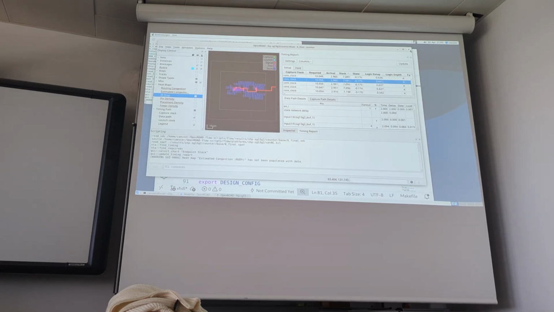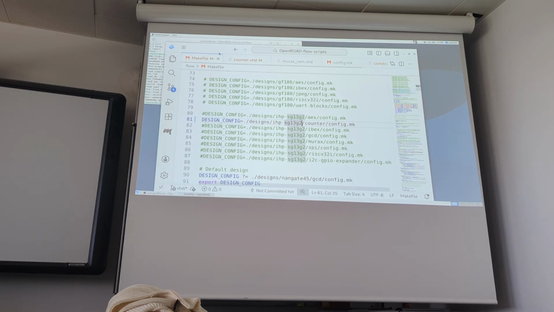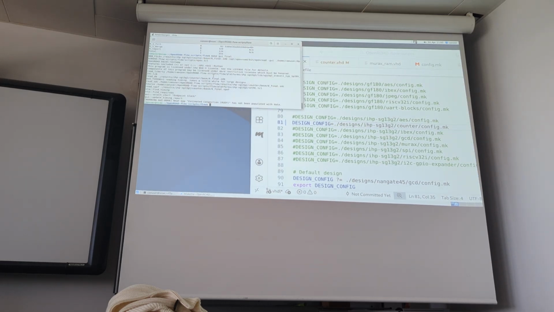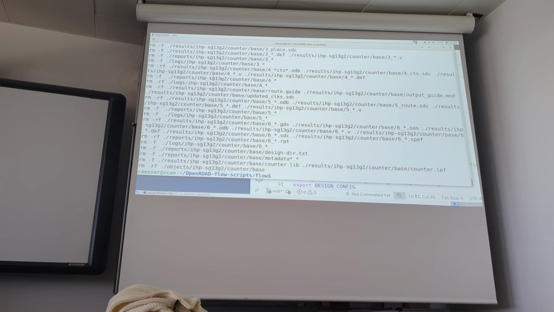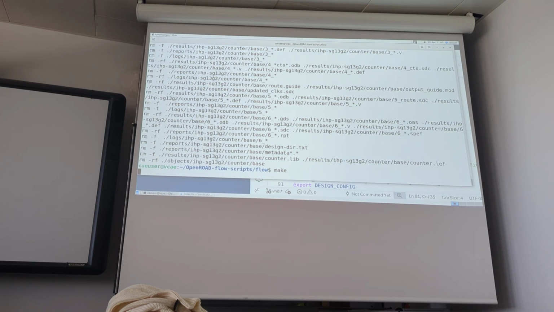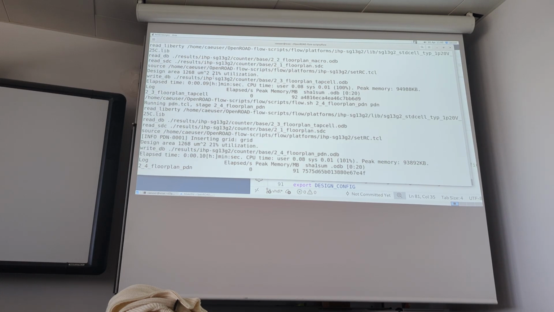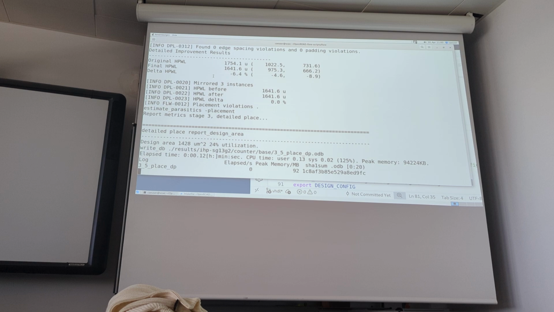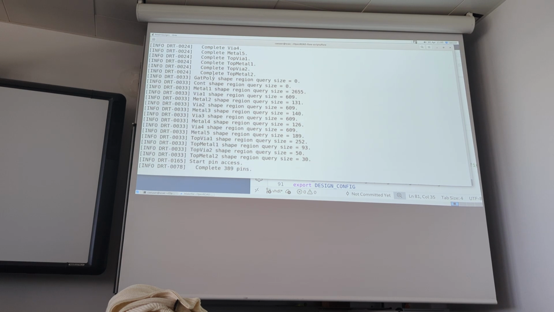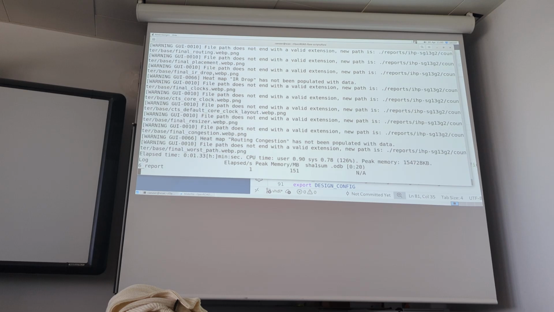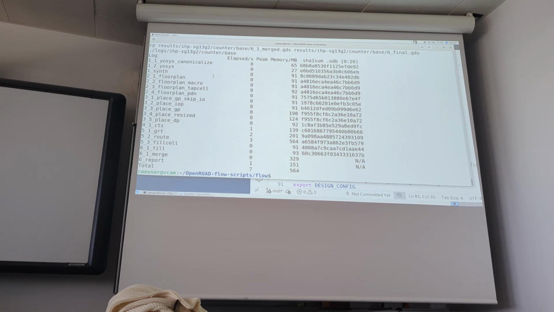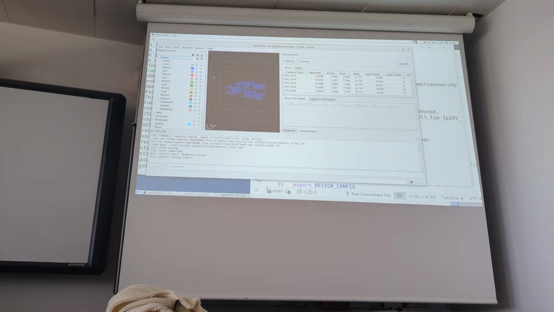Then go into this flow directory and then run make. Final, and you will see the design.